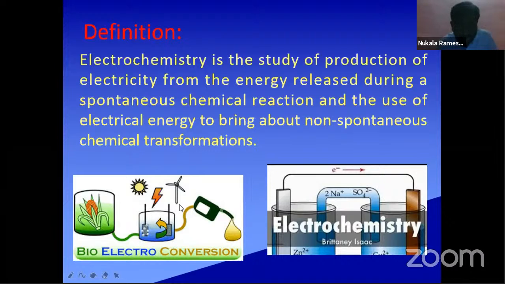In this process some biological and electrochemical process is involved. Another application is the preparation of sodium hydroxide. This picture also indicates electrochemistry.